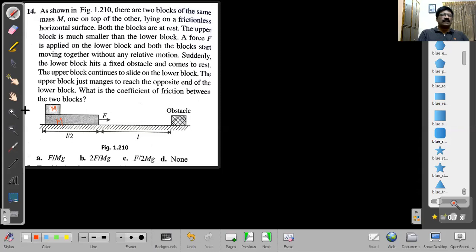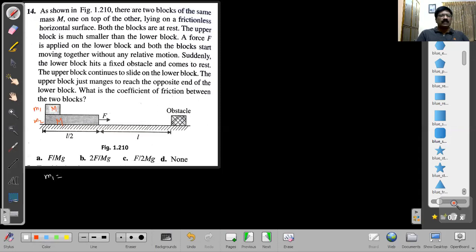Actually, these are the two blocks of masses say m1 and m2. This is m1, this is m2. Of course, both masses are the same.